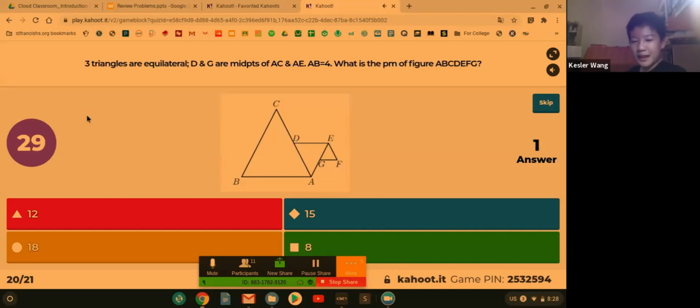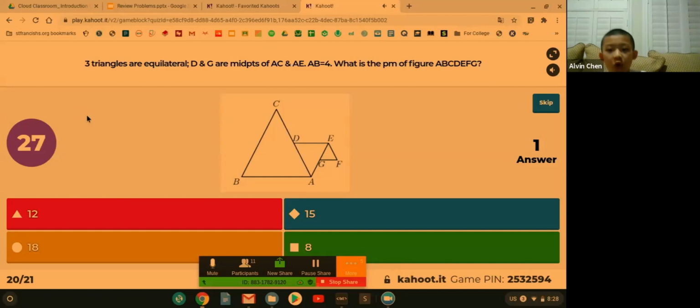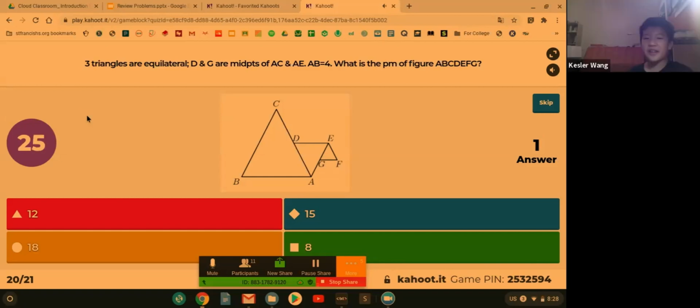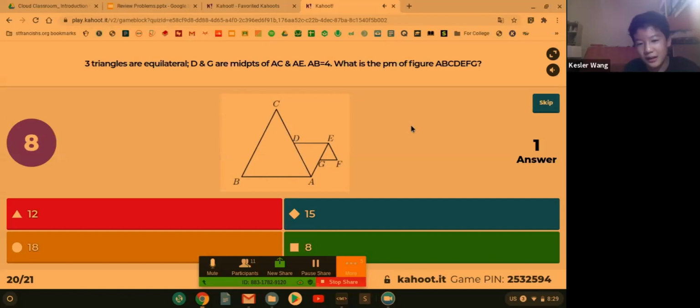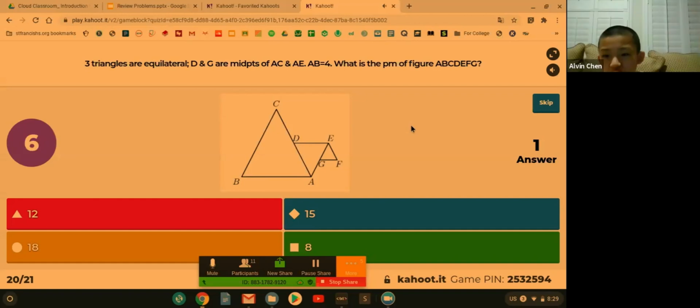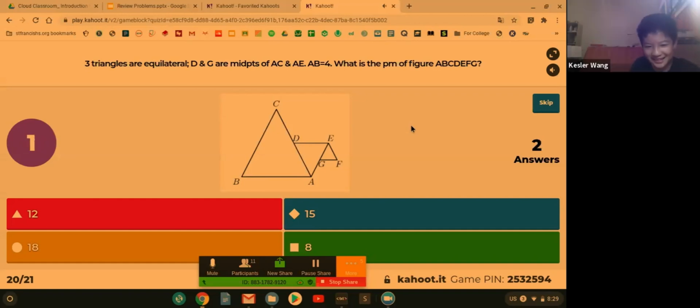The whole figure is literally made out of equilateral triangles, and D and G are on the midpoints. So 4 plus 4.